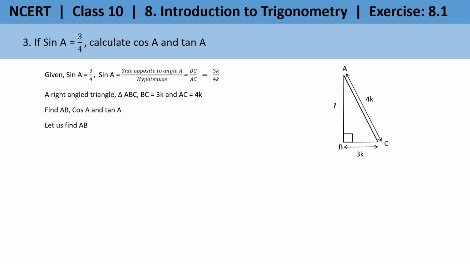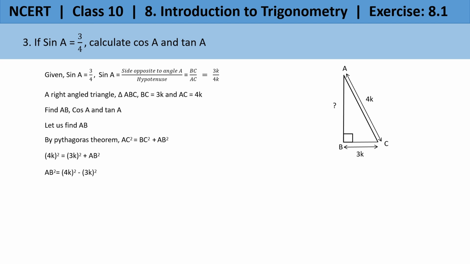Let us find AB. We can use Pythagoras theorem. In right-angled triangle, hypotenuse square is equal to sum of squares of other two sides. AC square is equal to BC square plus AB square. 4K square is equal to 3K square plus AB square. Let us subtract 3K square on both sides of the equation.